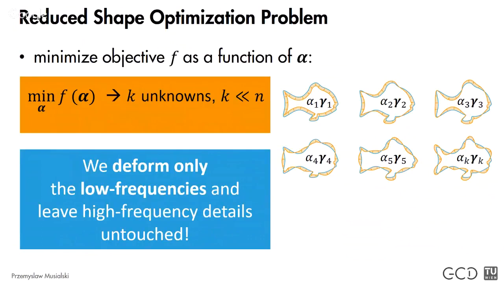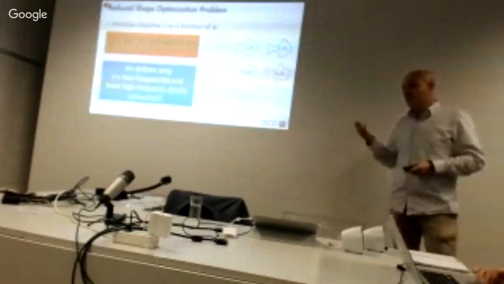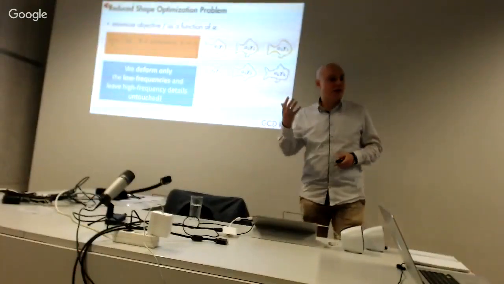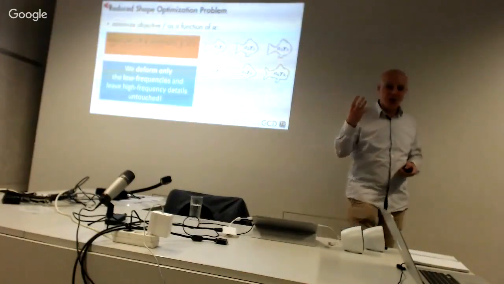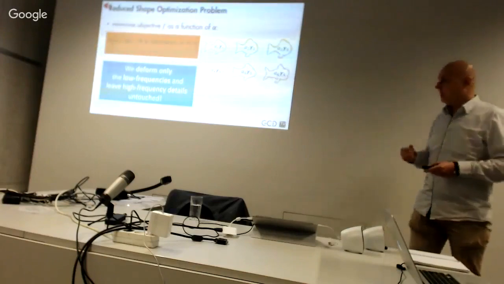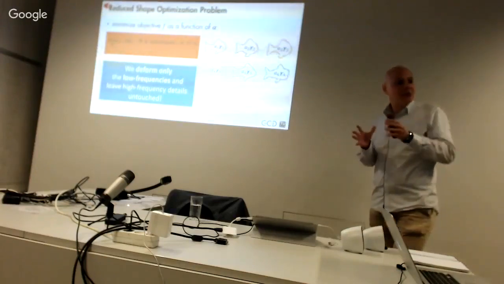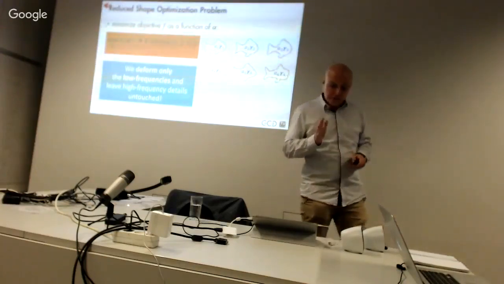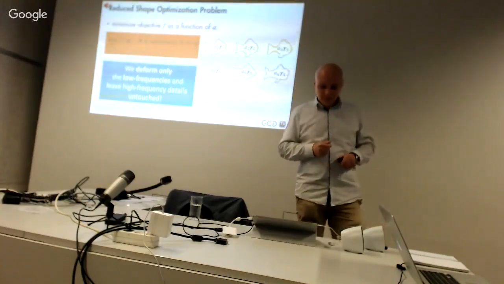We change only these global low frequency properties, which do not influence the visual quality or the general impression of the shape. So it's like only blowing it up or shrinking it, and it's not so noticeable.